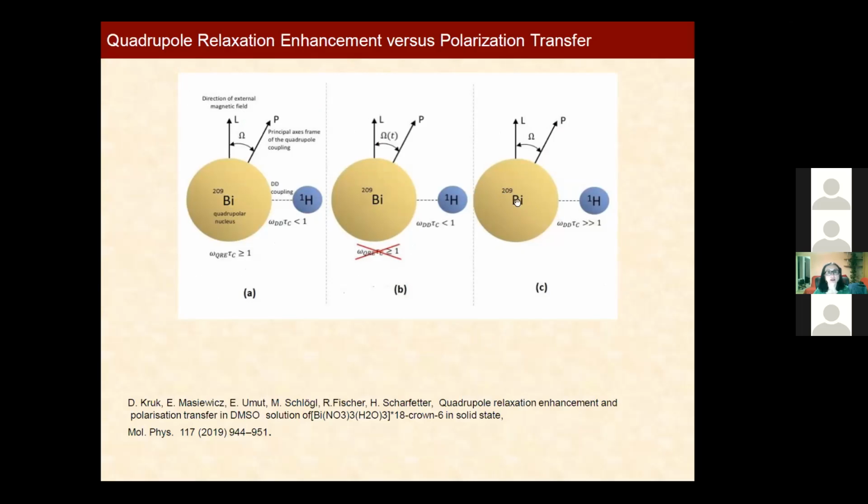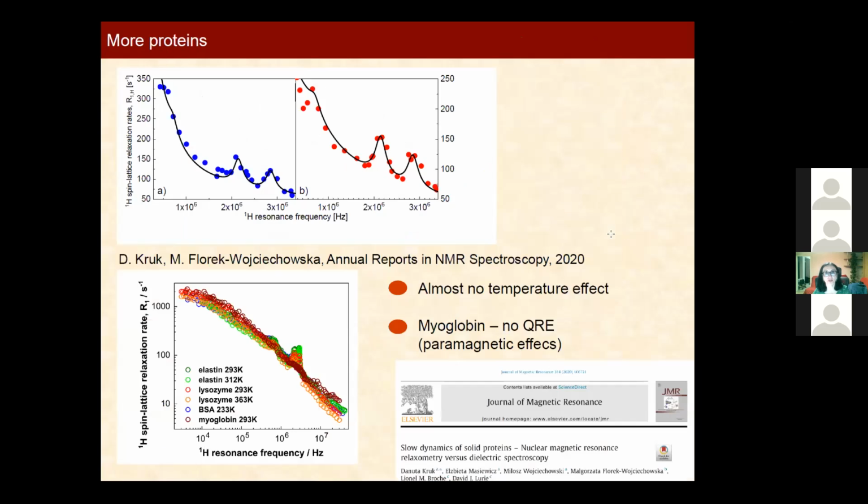It discussed different regimes: until which condition one should call it relaxation enhancement, until which polarization transfer, and under which conditions such effects can appear in the quadrupolar peaks. It just discussed this in many details.